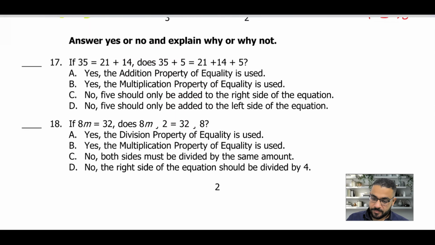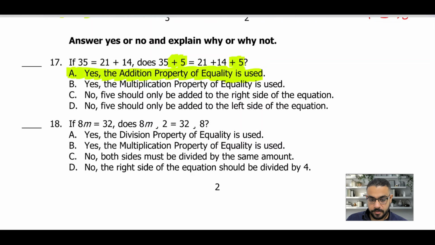What change happened here? You just added 5 to the two sides. It stays equal. So yes. Which property did we use, multiplication or addition? Yeah, we used the addition. So choice A is correct.